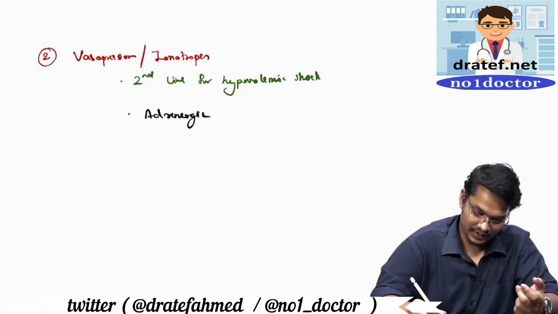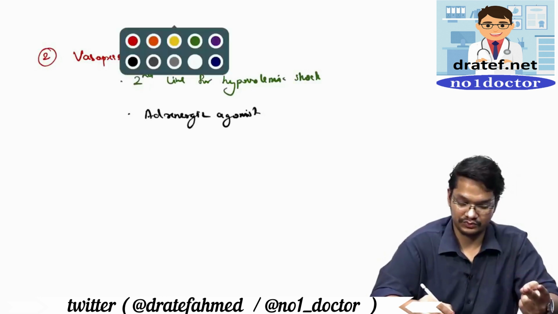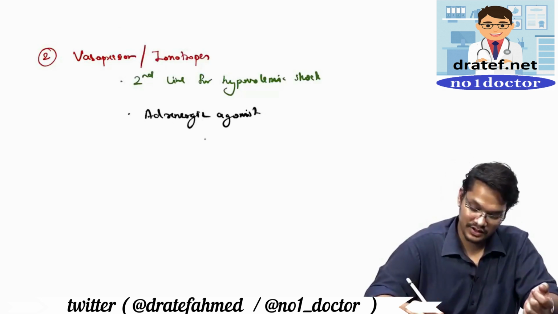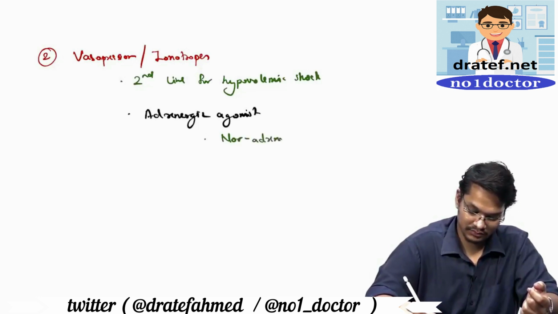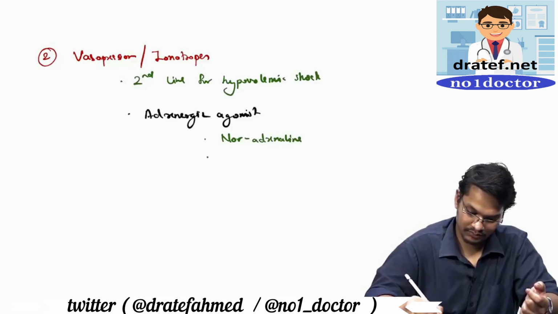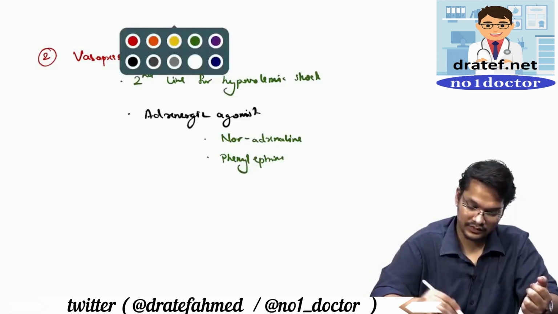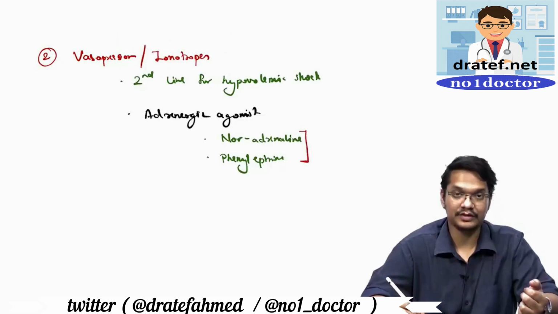Now if we talk about adrenergic agonists, there are two that we essentially use in these patients. The first is noradrenaline, and the second is phenylephrine. Now, there's one thing you need to know about noradrenaline and phenylephrine.